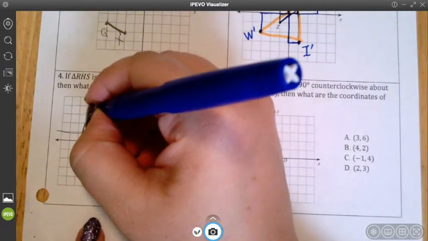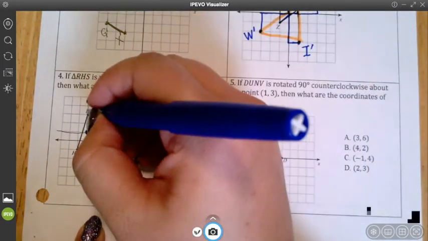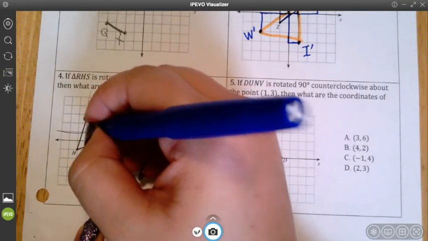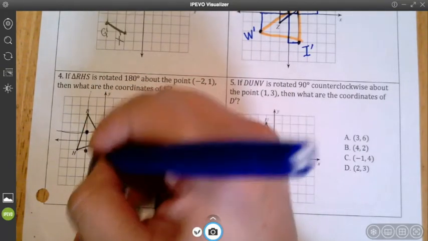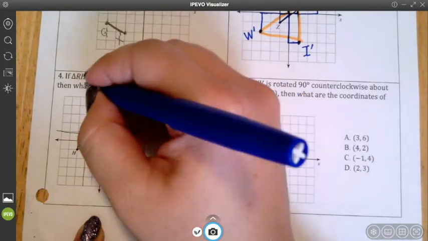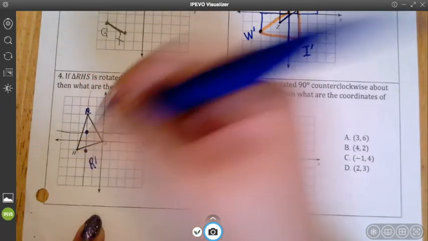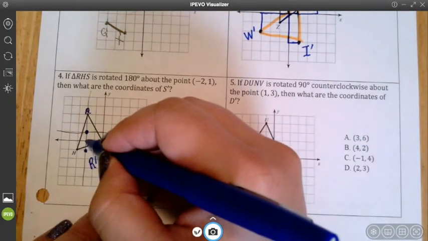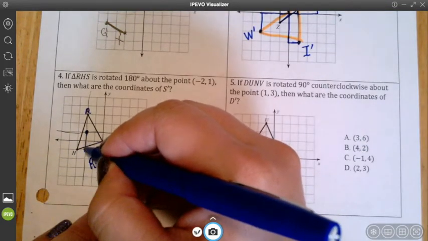So here's point B, rotated by 180 degrees. It's on the axis. So when I rotate it, 2 units away from my blue point, 2 units away from my blue point, there is R prime. Point H, here would be my triangle.